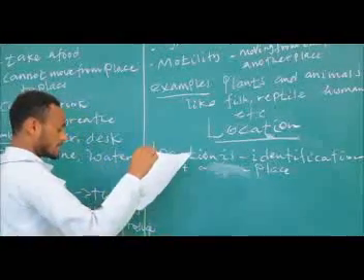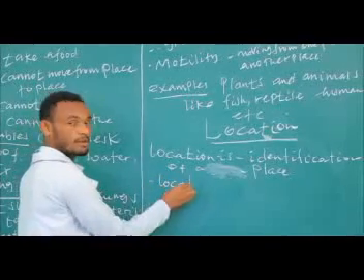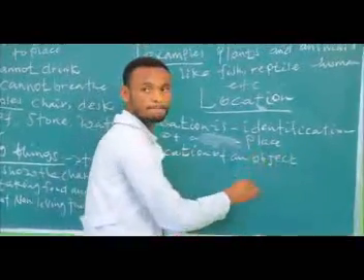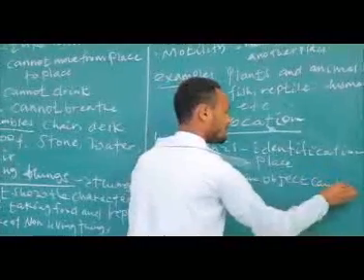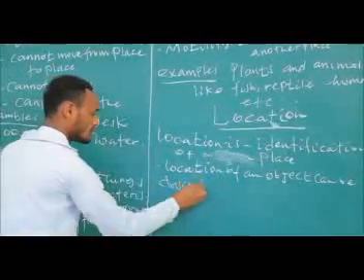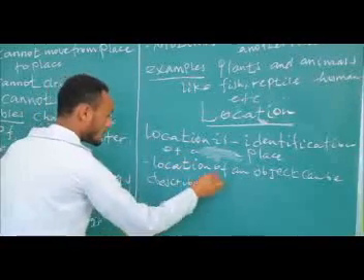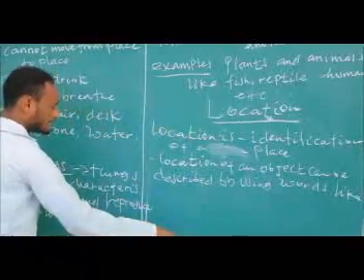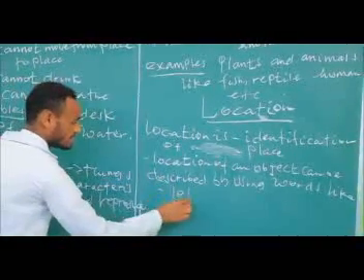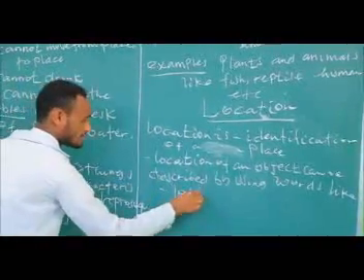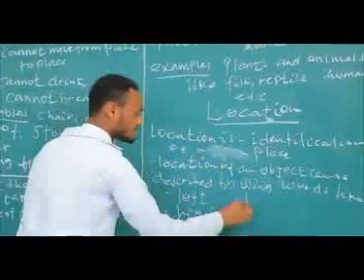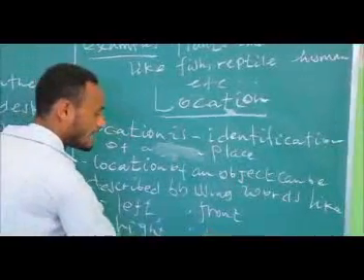The location of an object can be described by using words like left, right, front and back.